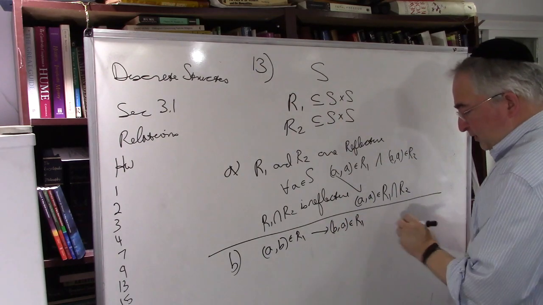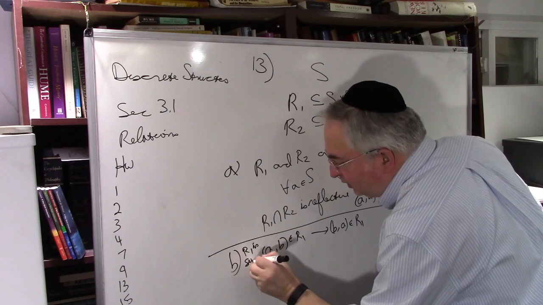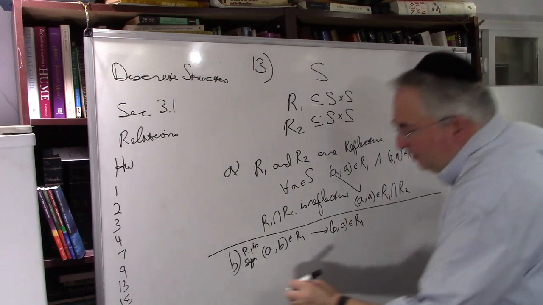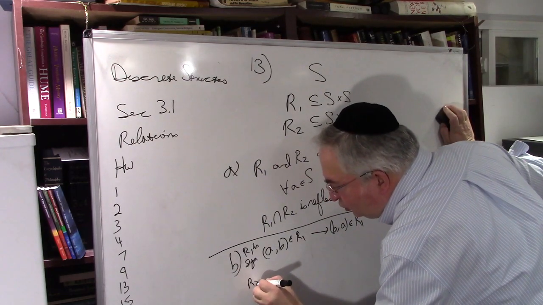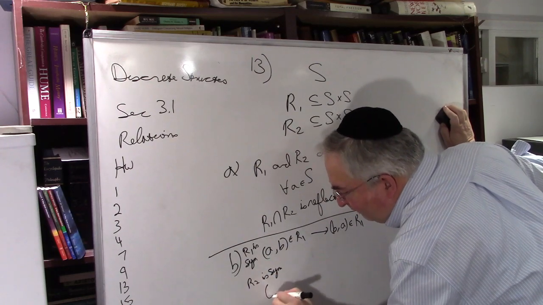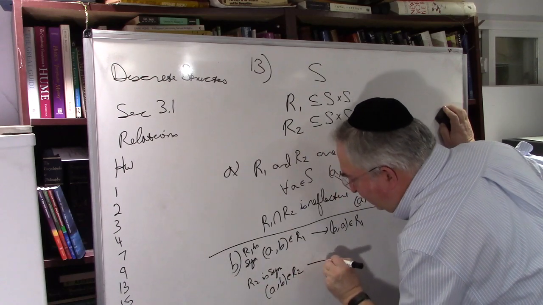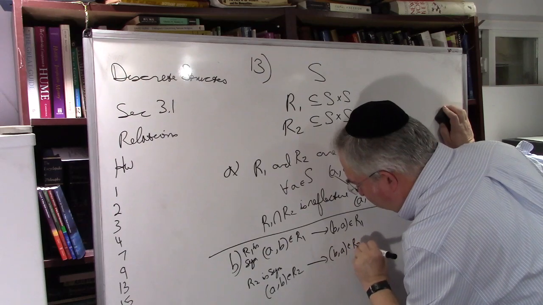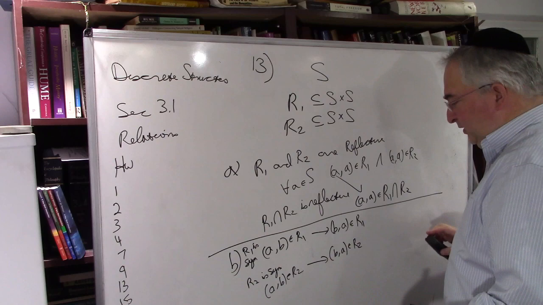This means R1 is symmetric. That's exactly what it means. Now, R2 is symmetric means if A comma B is a member of R2, that implies that B comma A is a member of R2. Great. That's exactly what it means to be symmetric.